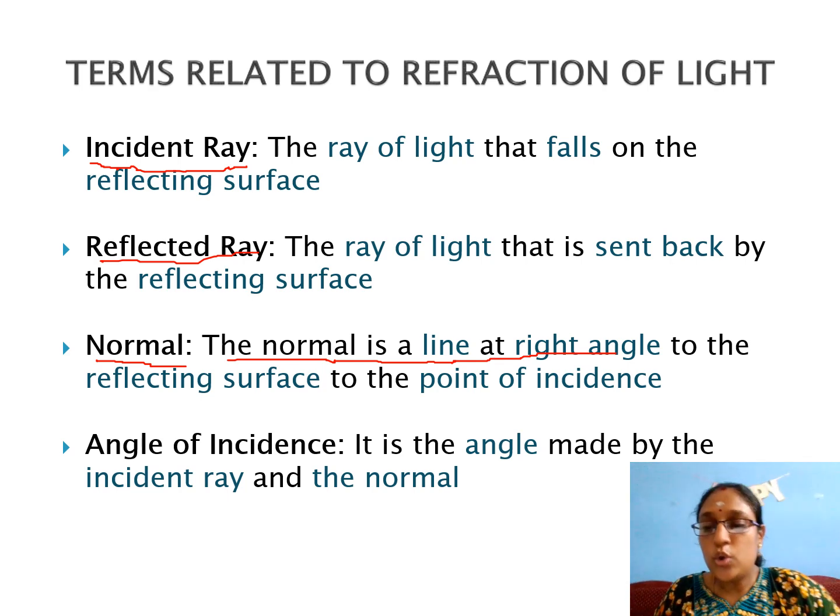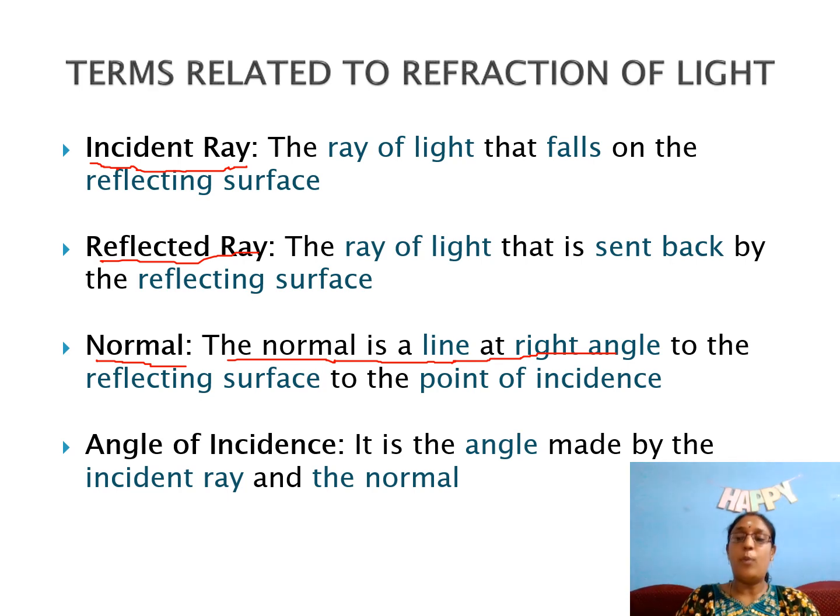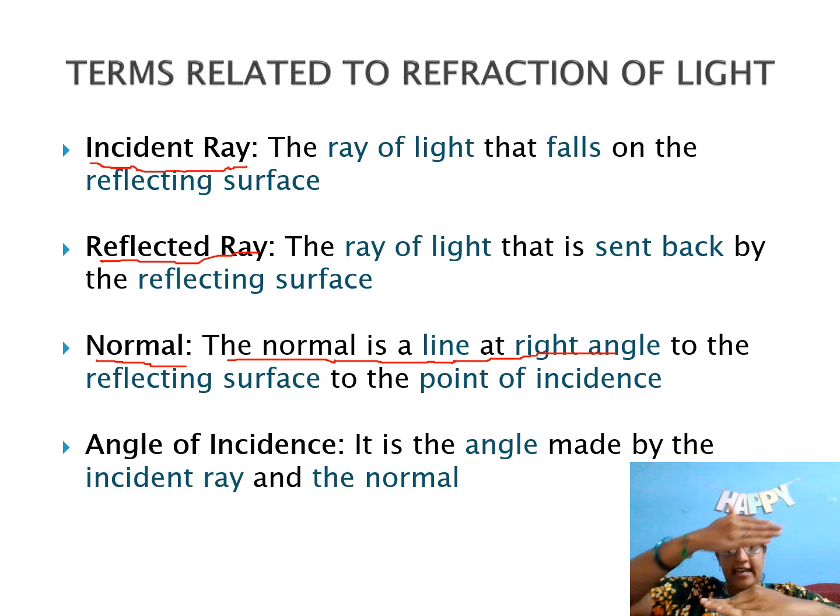Consider this as a reflecting surface. The incident ray touches the reflecting surface and the reflection goes back. The normal line is at right angle to the reflecting surface.